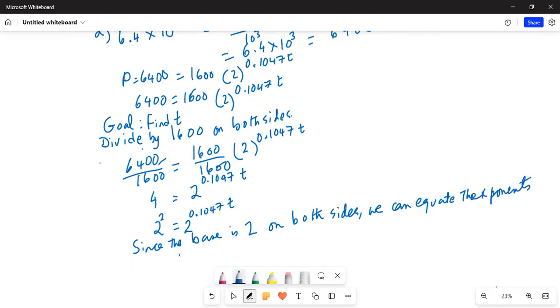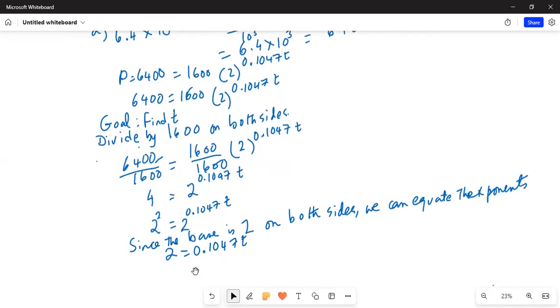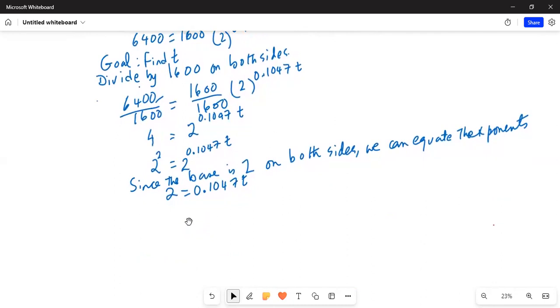So that means 2 is equal to 0.1047t. Now we will divide by 0.1047 on both sides.